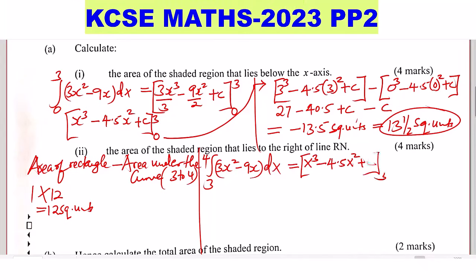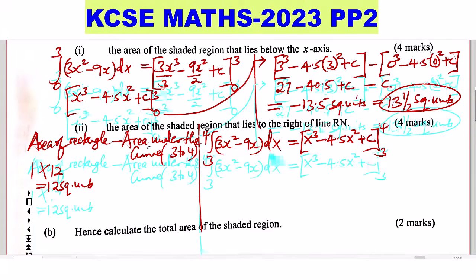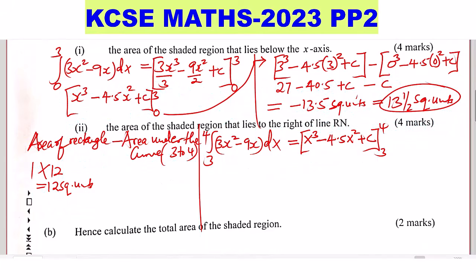Then the limits are 3 to 4. So from there, we need to substitute 4. We shall have 4 cubed minus 4.5 times 4 squared plus c. Then substitute 3 where we have x. So you have 3 cubed minus 4.5 times 3 squared plus c.